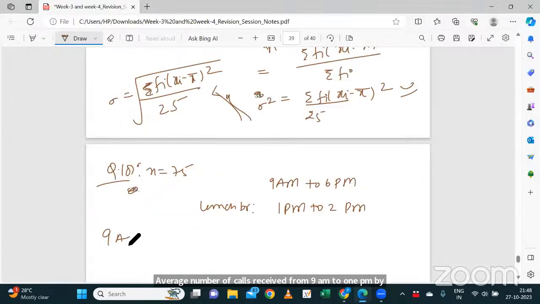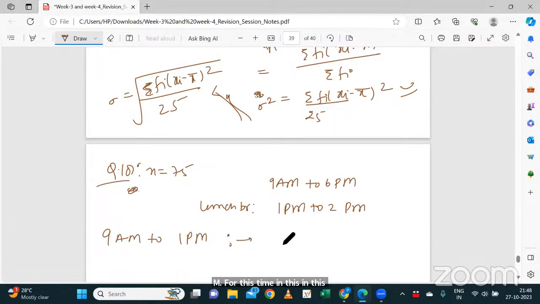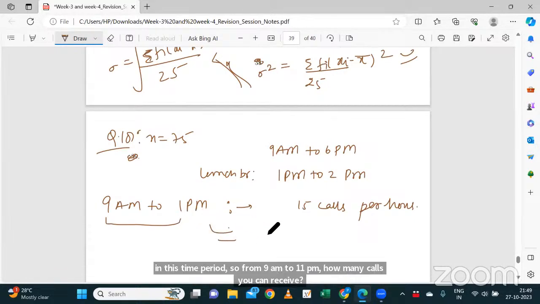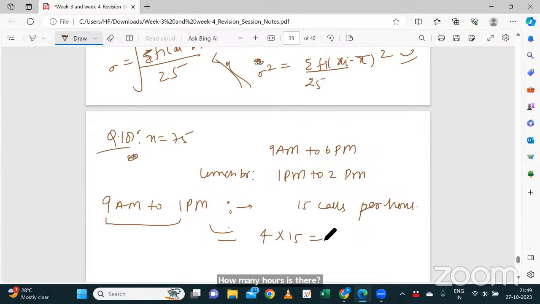So in this duration, an employee can receive 15 calls per hour, right? So from 9 a.m. to 1 p.m., how many hours is there? 4 hours. So 4 into 15, that means 60 calls in this time period, right?